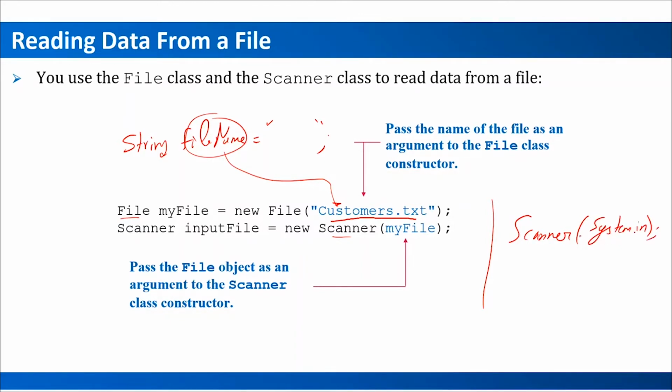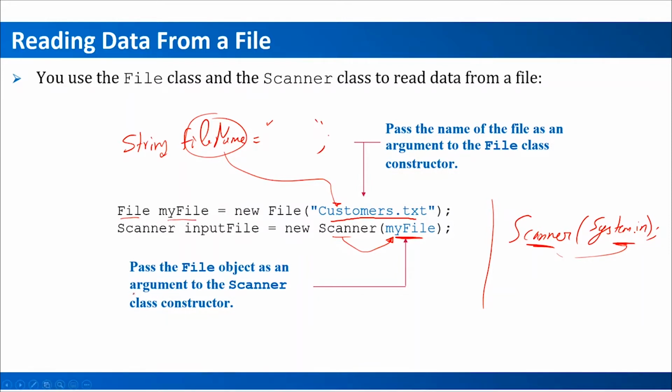So in this case, we were saying that scanner is going to scan System.in, the standard input, which was the keyboard. Now we are telling the scanner object, no, this time you're not going to scan the keyboard, you're going to scan a file, and this file is referenced with the reference variable myFile.